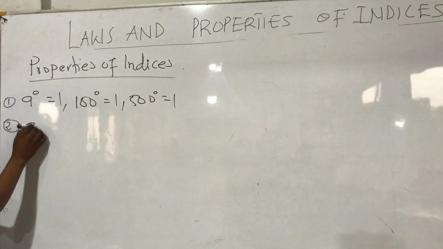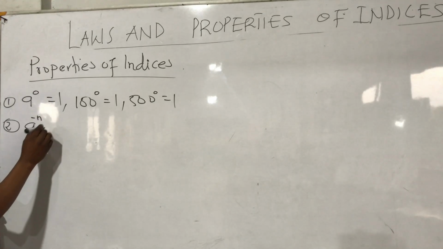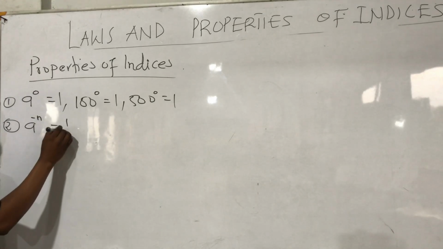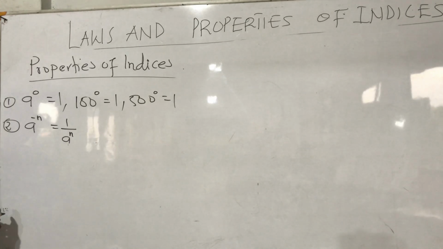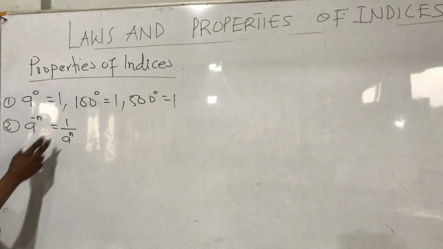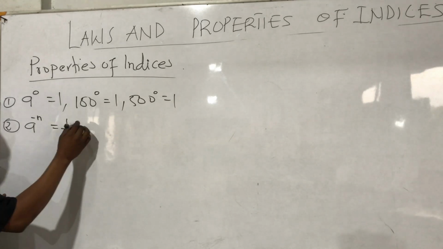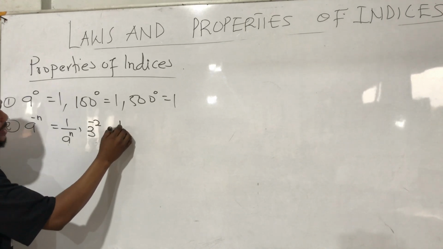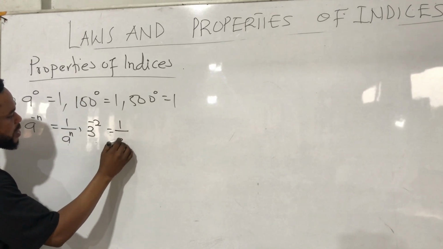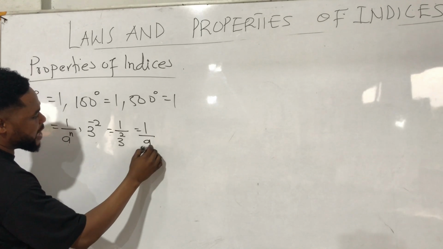Let's say I have a base raised to the power negative exponent. It is the same as 1 over the base raised to the power the positive exponent, as we can see here. An example is this. I have, let's say, 3 raised to the power negative 2. It is the same as 1 over 3 raised to the power 2, which we can break as 1 over 9.